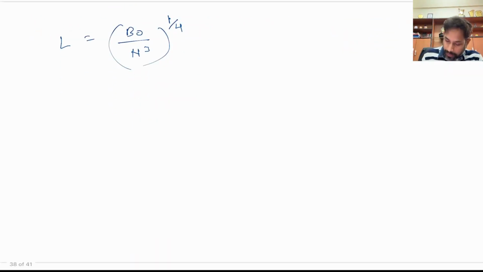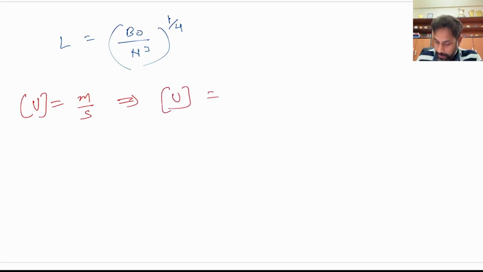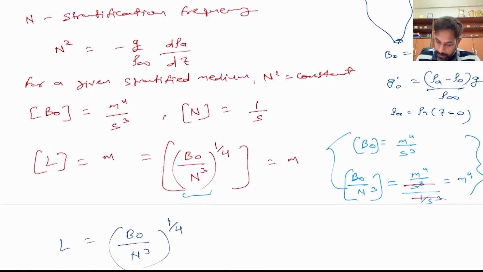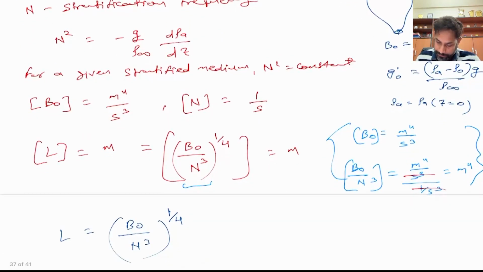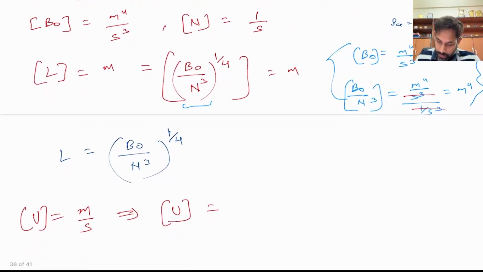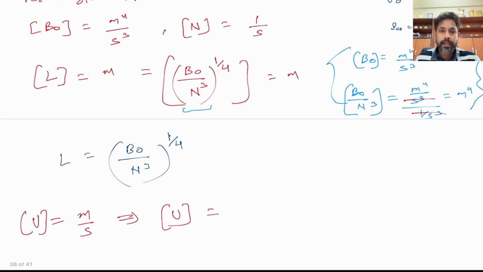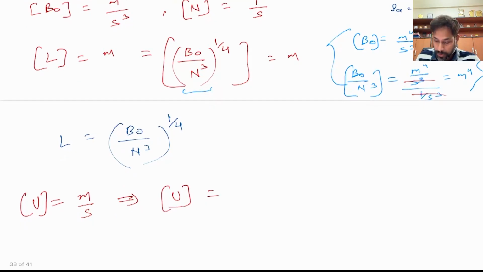Likewise, we can define the velocity. The unit for velocity we know is meter per second. We again use B naught and N here, which are known quantities. B naught is m to the power 4 by second cube, and N is 1 over s. To be able to get m by s, we must first equate m to the power 4 by s to the power 4, right? So we should have the same power.